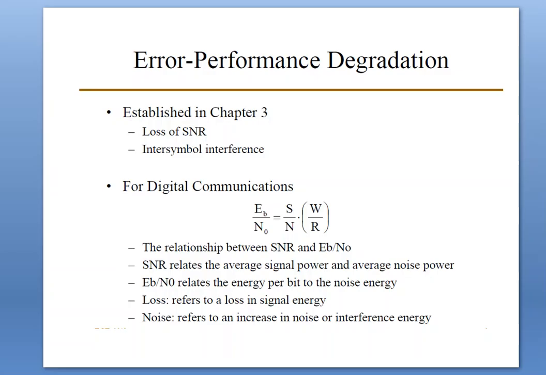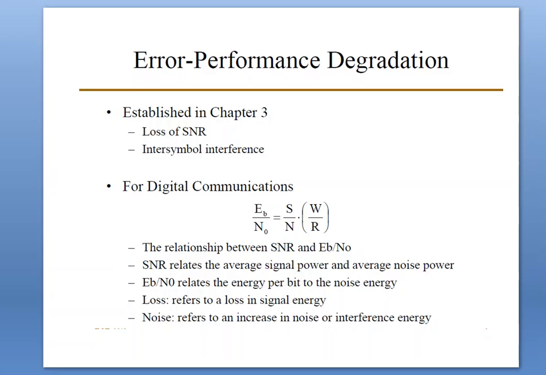The SNR can be degraded in two ways. The first is through the decrease of desired signal power, and the second is through the increase of noise power or the increase of interfering signal power. Let us refer to this degradation as loss and noise or interference respectively.